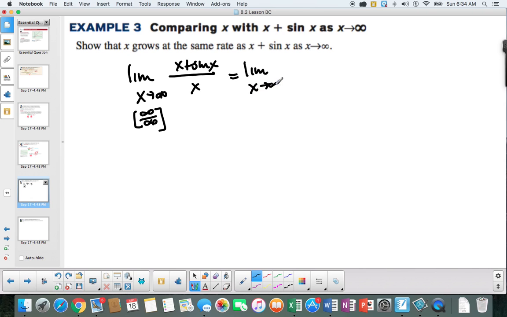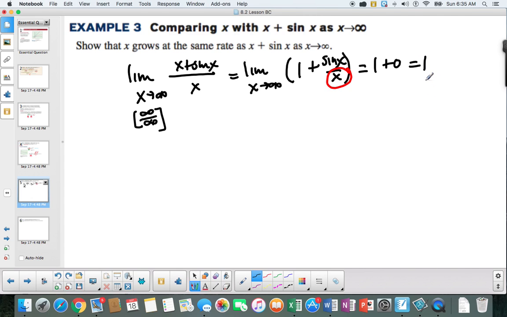Now we're going to use the strategy of separating the fractions like this. When we do that, we can see that as x approaches infinity, this is going to dominate. Sine of x is just going to go back and forth from -1 to 1, but this is going to dominate. So this answer is going to be 1 plus 0, or the answer is 1.